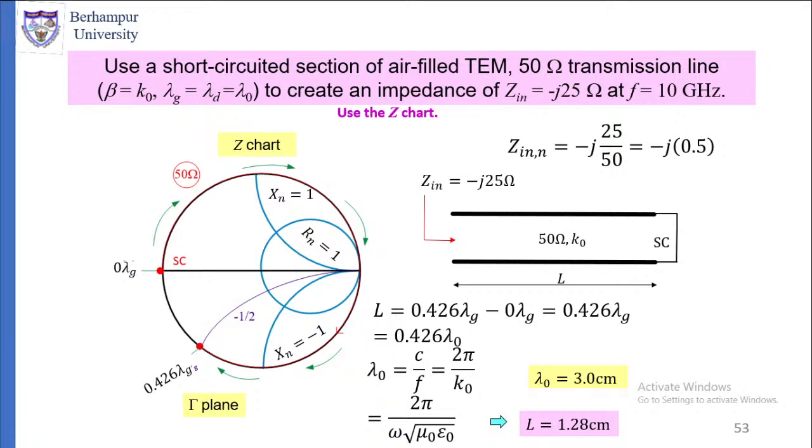So, of this, to create an impedance of Zin is equal to minus 25 minus J25 ohm at frequency 10 gigahertz.